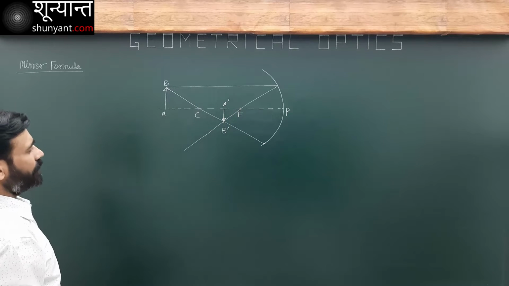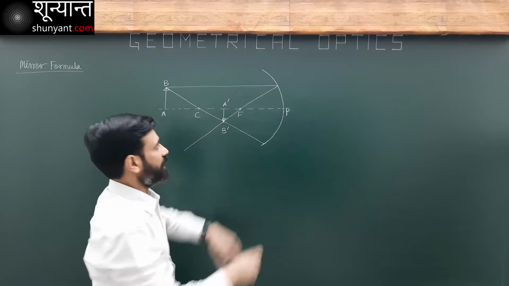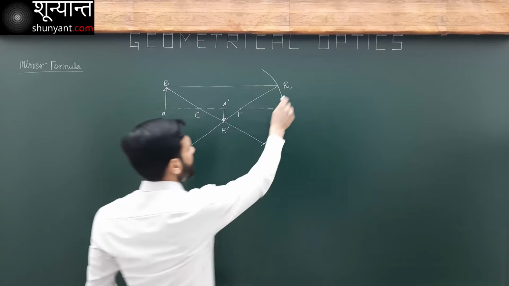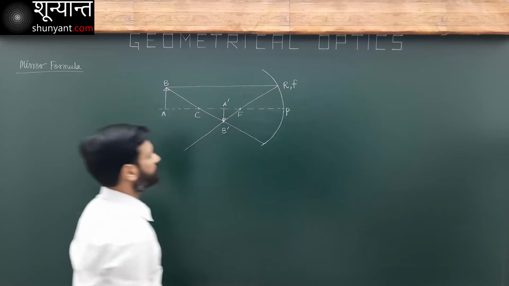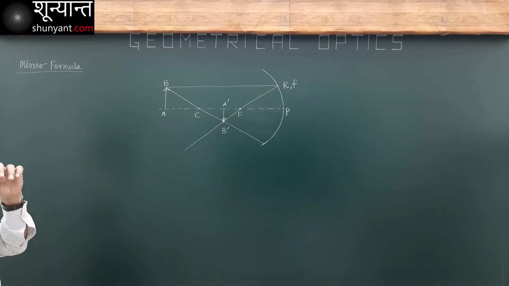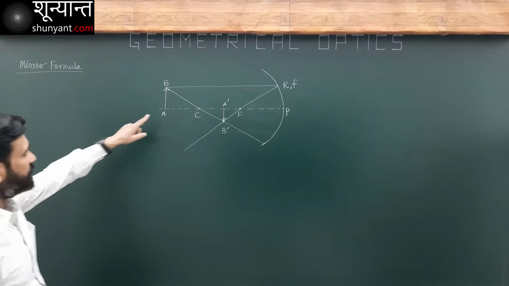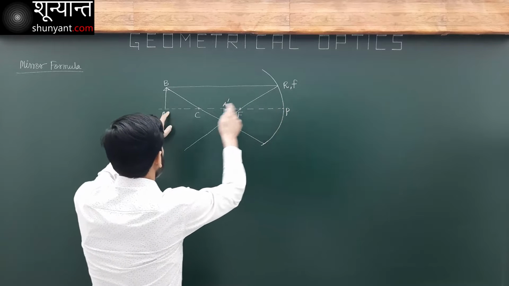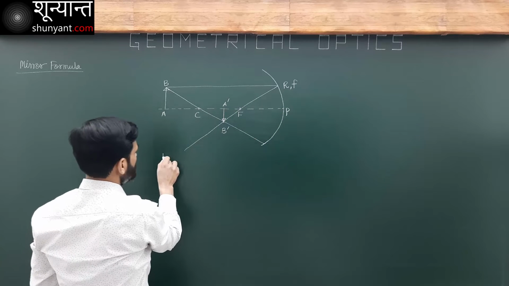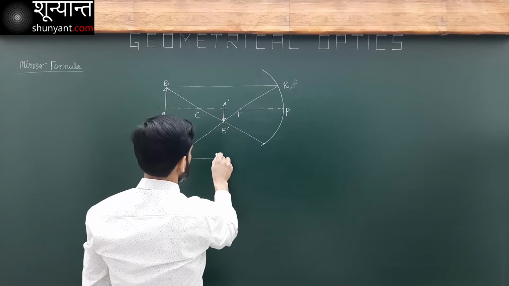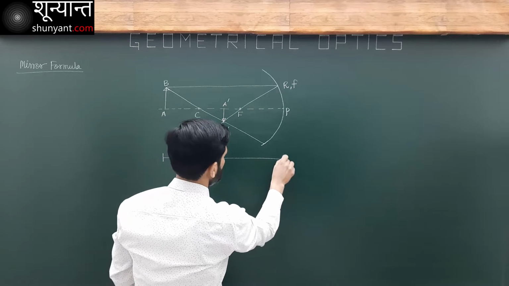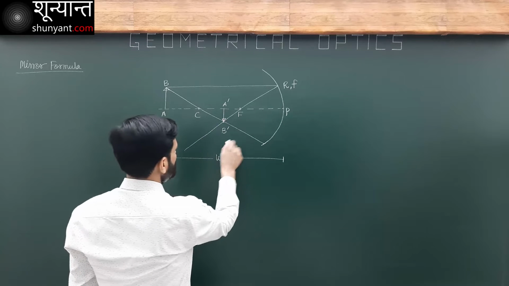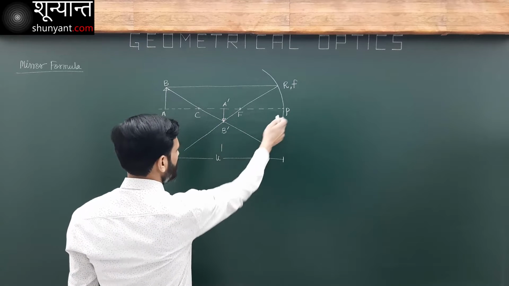Now, the radius of this mirror is R, and F is the focal length. Now, the object is kept at some distance from the mirror. This distance of the object from the pole is written as U. The image is formed at some distance from the pole.